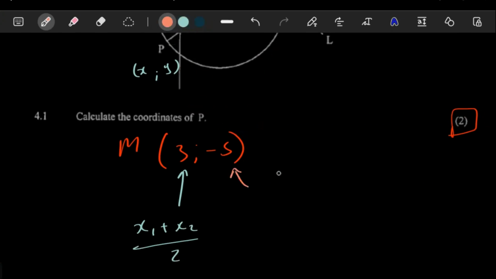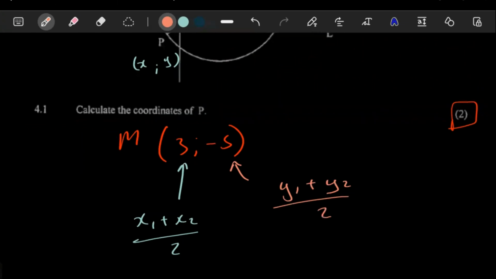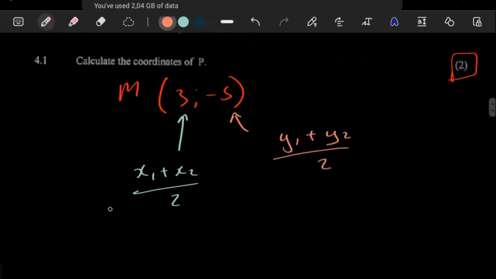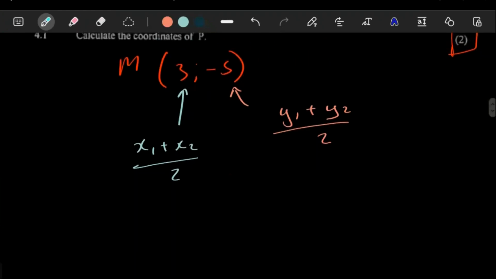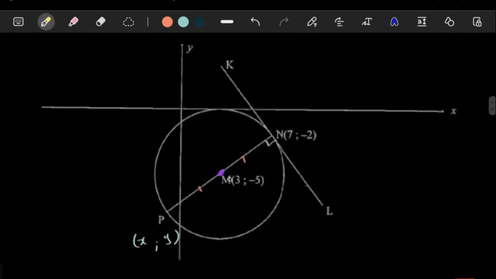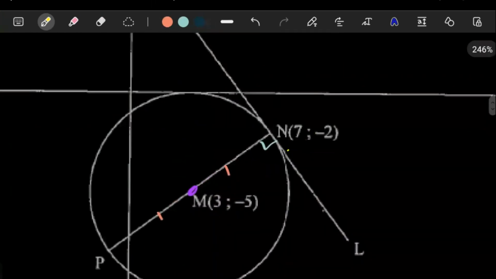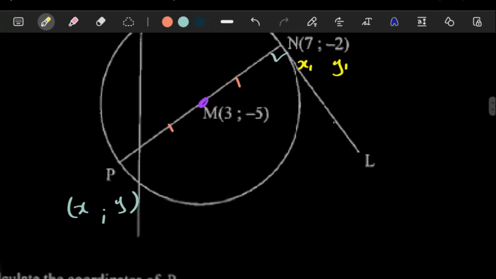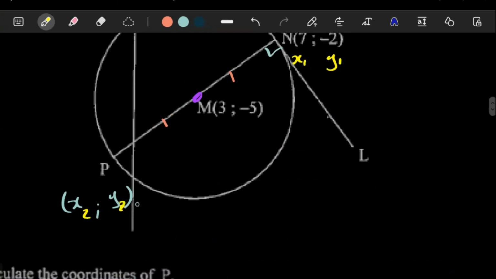This here is the Y value of the middle. So what we do know is the following: 3 is equal to this, and -5 is equal to this. So the idea is, in our data, we have the middle, but we also have x1 and y1. We just don't have x2 and y2.